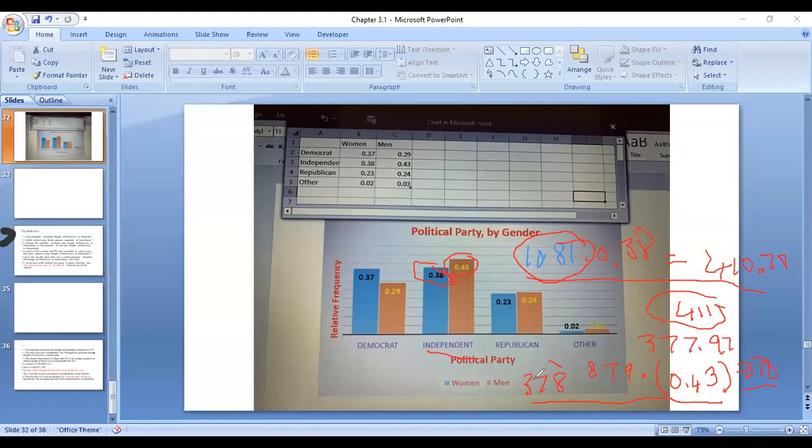On the men, we have 879 people, but the 0.43, and then you find the 378 people in the independent. And if you want to find the number of people, you take the total number, you multiply by the relative frequency, and you will get how many people. Any question about this problem?